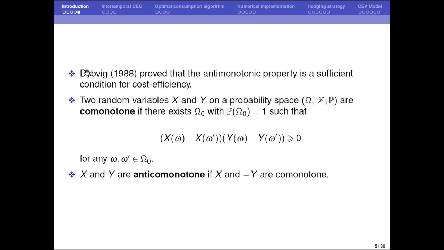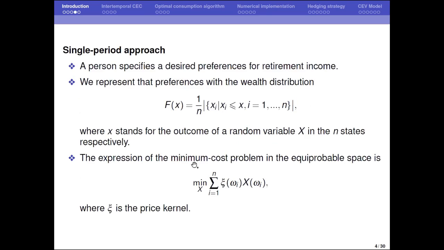Dybvig proved that the anti-monotonic property is sufficient for cost efficiency. That means that the random variables psi and X should be arranged in an opposite way.